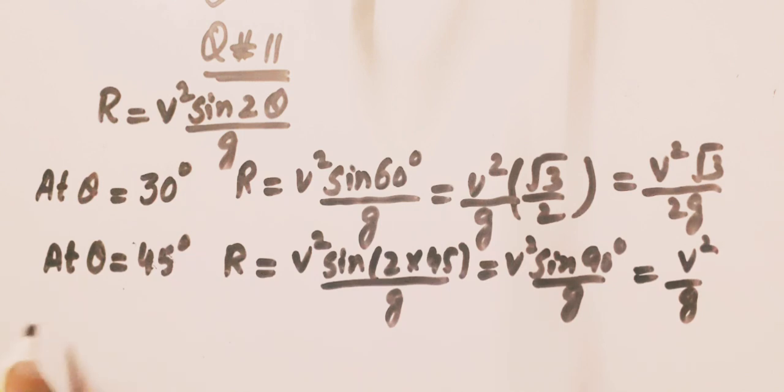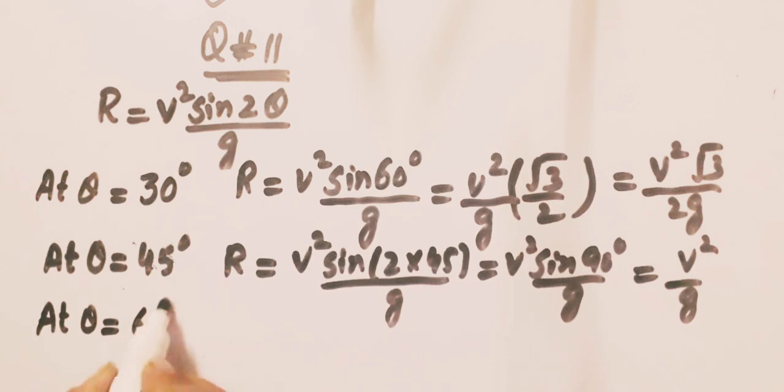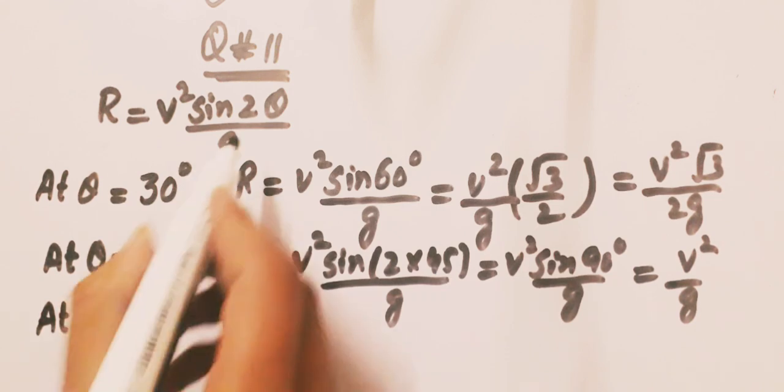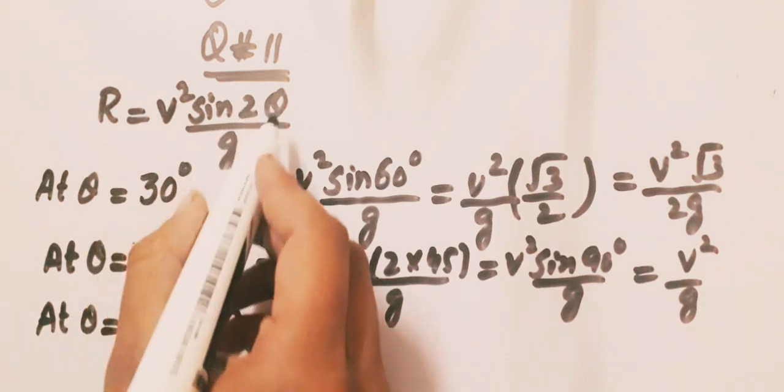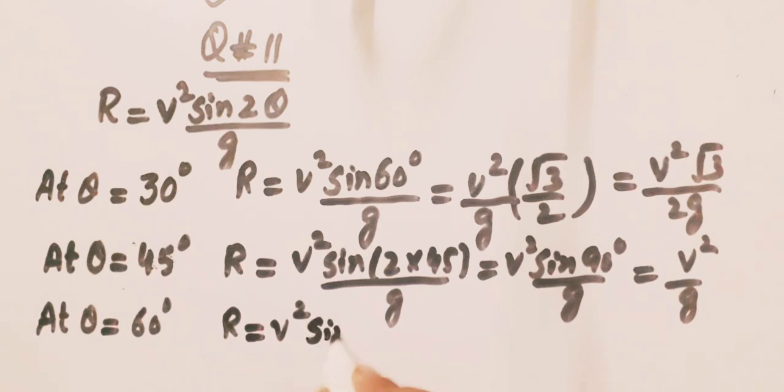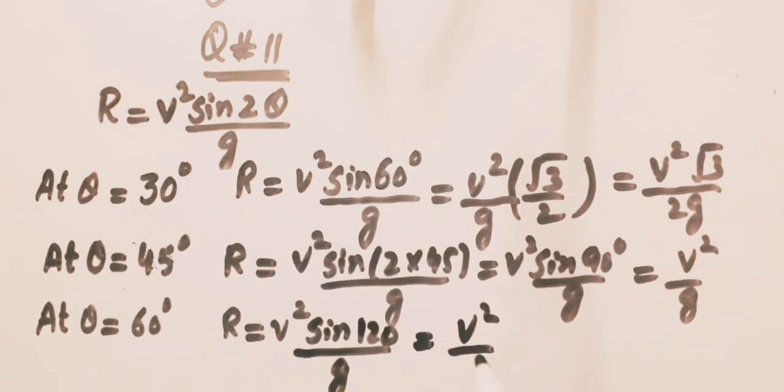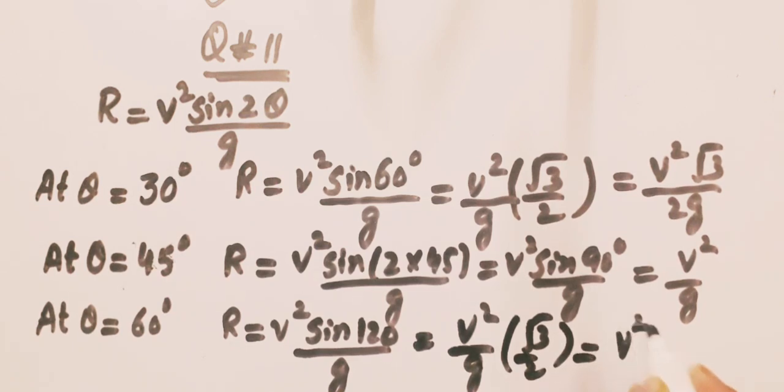Now at theta is equal to 60 degree, R is equal to V square sine 2 into theta, means 2 into 60, will become sine 120 degree by G. So at 120 degree we have the value of square root of 3 by 2. So this is equal to V square square root of 3 by 2G. So this is the solution of this question.